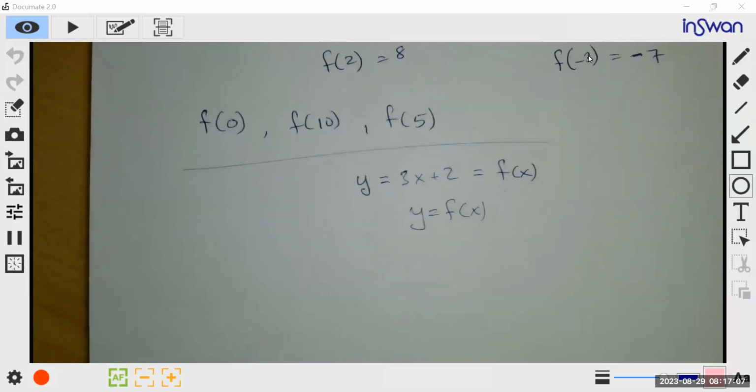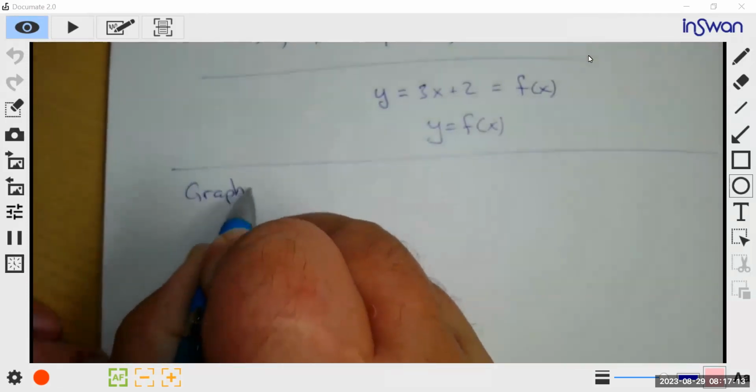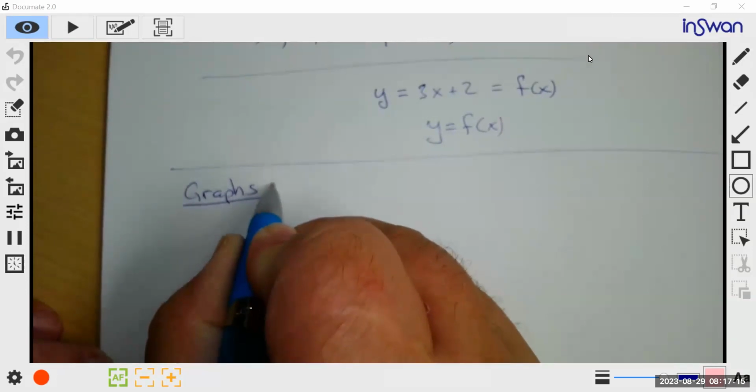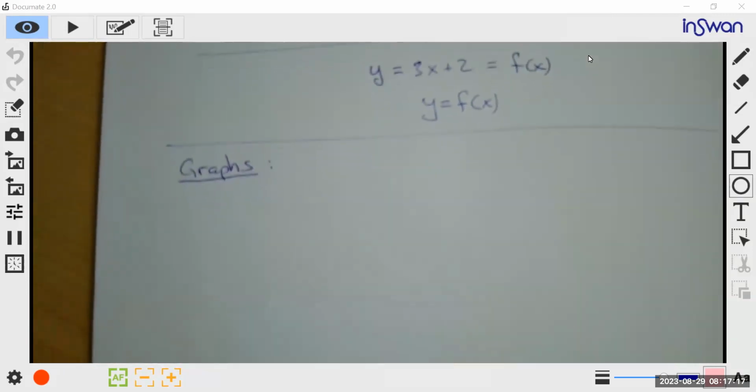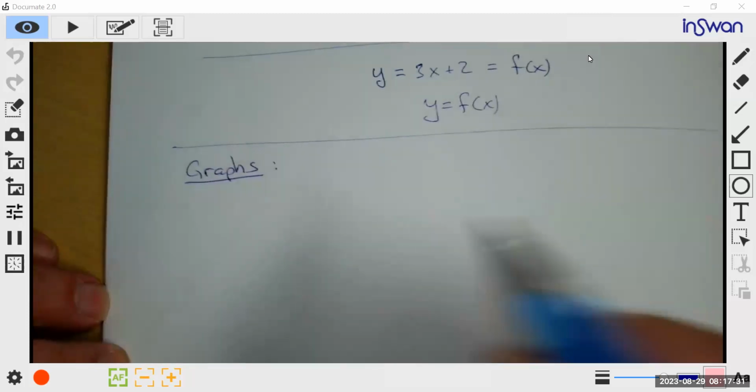So now let's look at graphs. How did you first learn to graph things? In which grade? Earlier. First or second, right? That's exactly what it is.